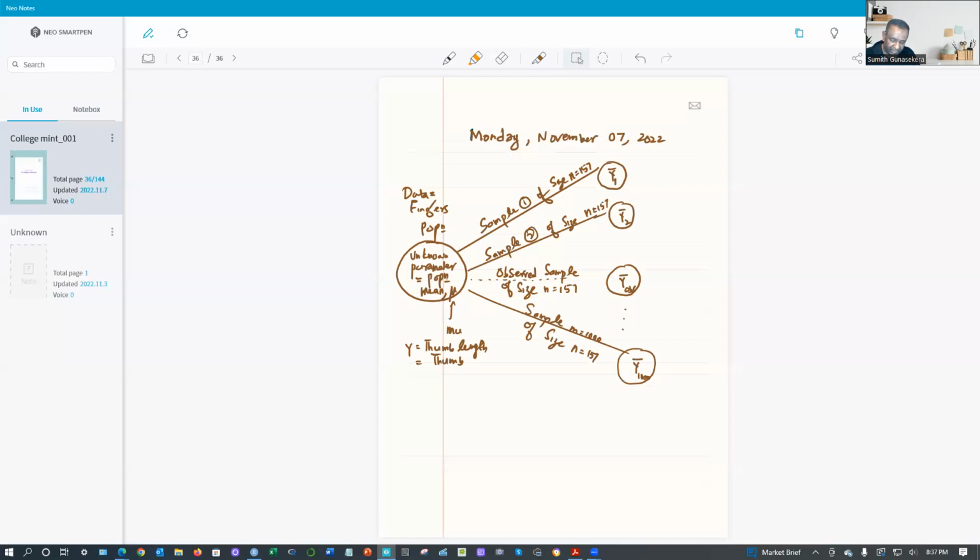These y bars are generated by either bootstrapping or simulating. And the y bars are varying.